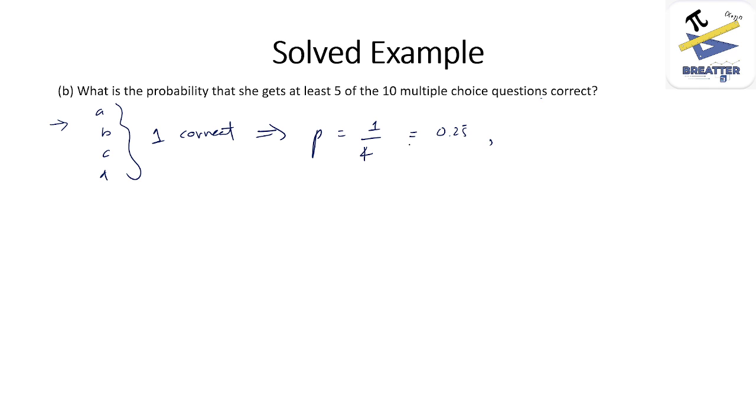Now this is the first parameter. Another parameter is n, that is equal to 10, which is already given. So the distribution would be X follows binomial, p equal to 0.25 and n equal to 10.